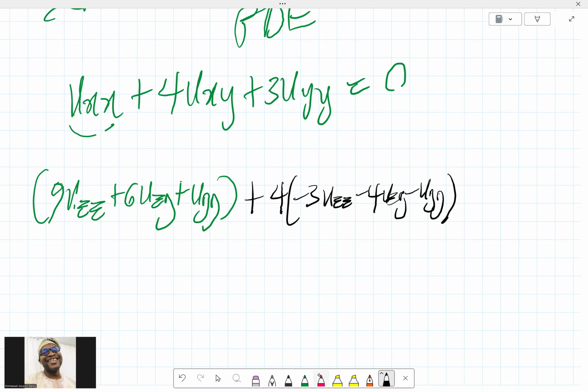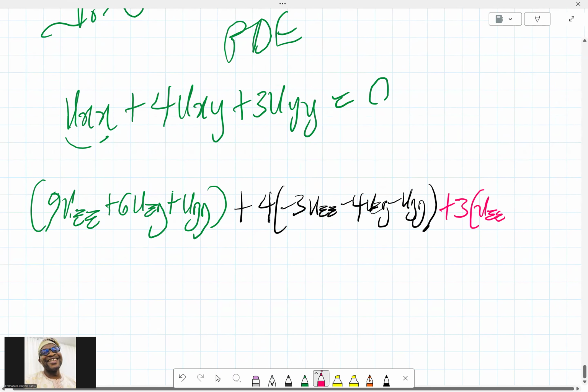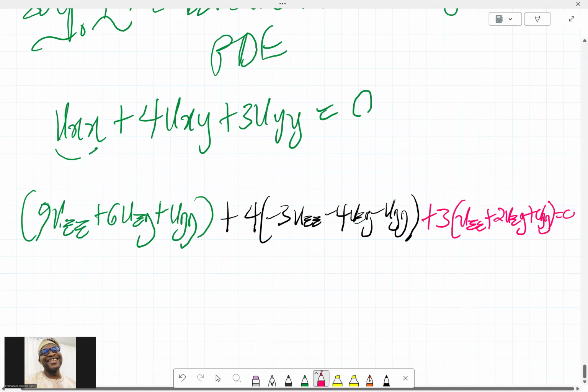And lastly, plus 3 uyy, that's u psi psi plus 2u psi eta plus u eta eta. And all of that is equal to 0.